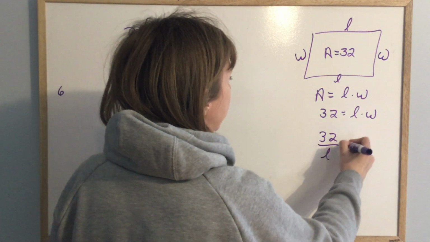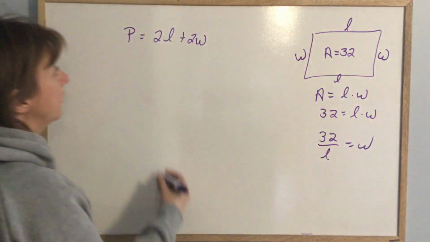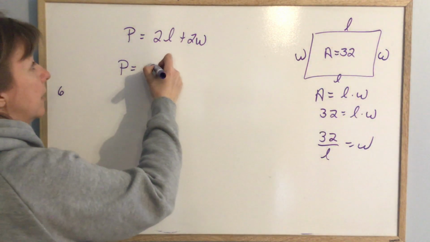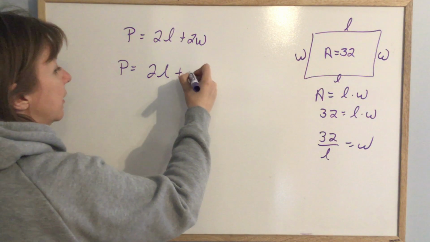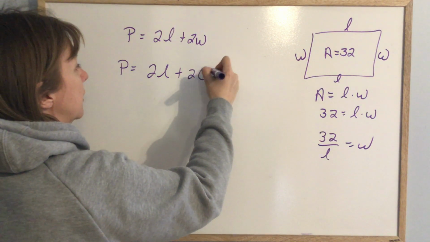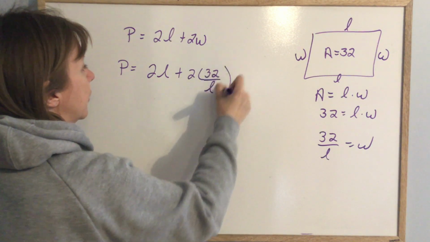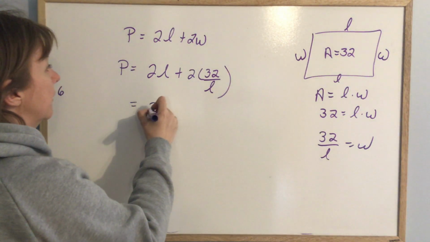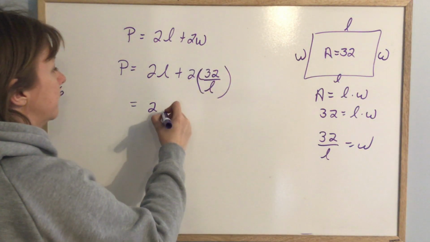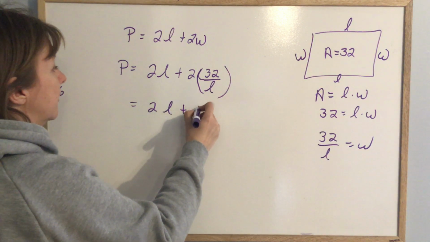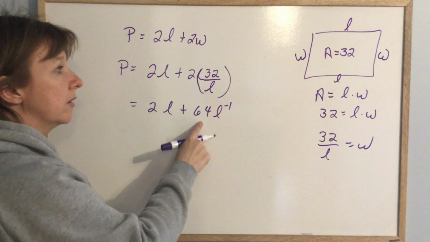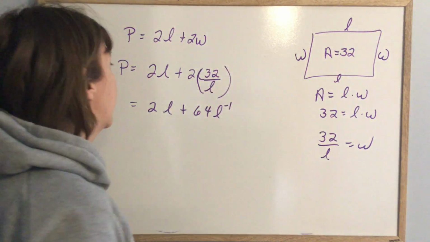It doesn't matter which one you isolate. 32 over L is W. So my perimeter then is 2L plus 2 times 32 over L, so that I only have L's on this side. So this is 2L plus 64L to the negative 1. 2 times 32 is 64, and I just brought the L up.